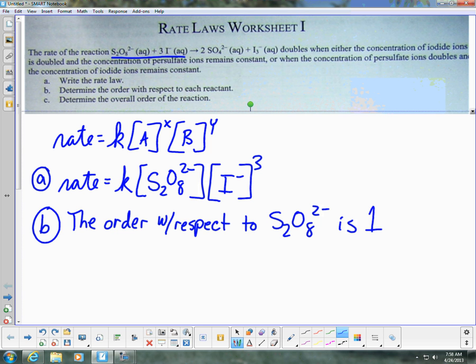For the second one, the order with respect to I- is 3, because that's what the exponent is. So you're really looking at the exponent. The exponent for S2O8 is 1, so that's the order, and for I-, it's 3.